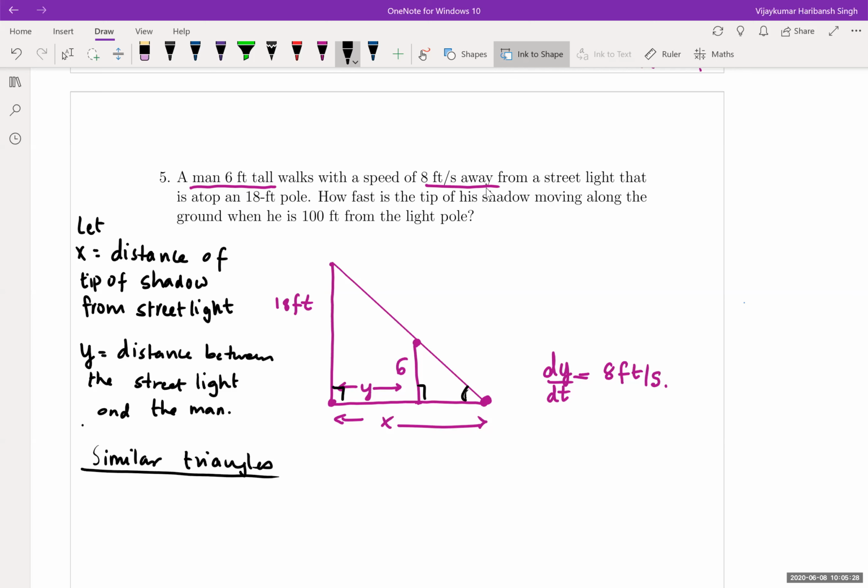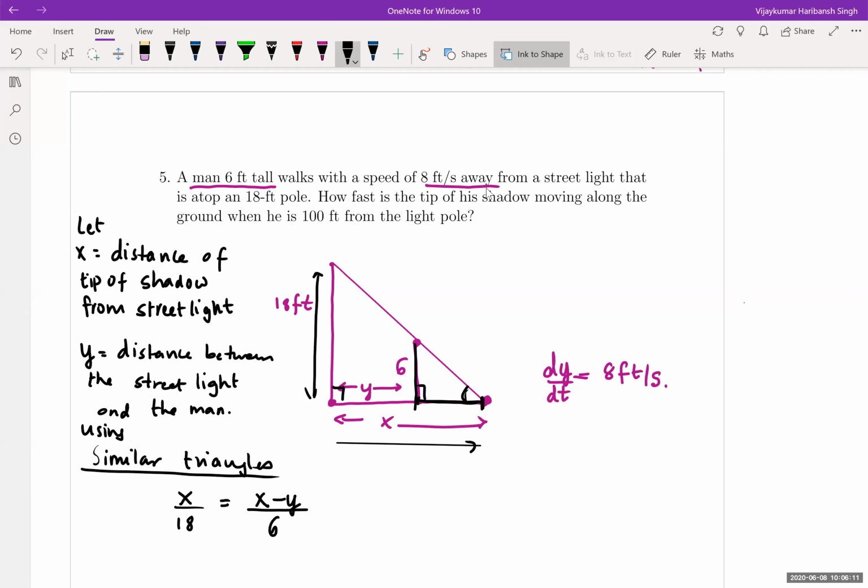So using similar triangles, what do we get? We get x over 18, this side over this side, is going to be, for the small triangle, the whole thing is x minus y over this side, which is 6.